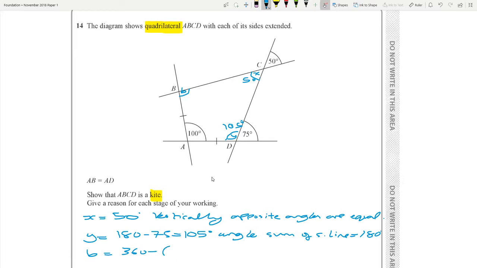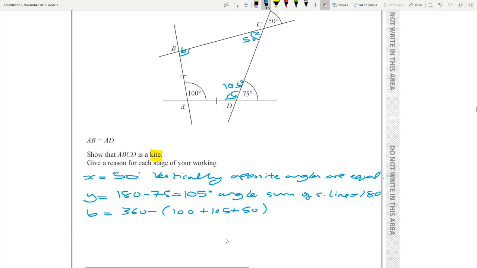So we've got 100, 105 and 50. 100 add 105 is 205, 205 add 50 is 255. So angle B is 360 take away 255, which is 105 degrees.